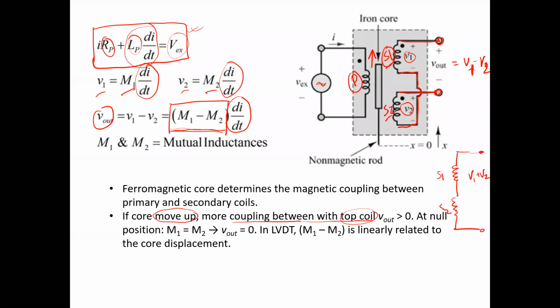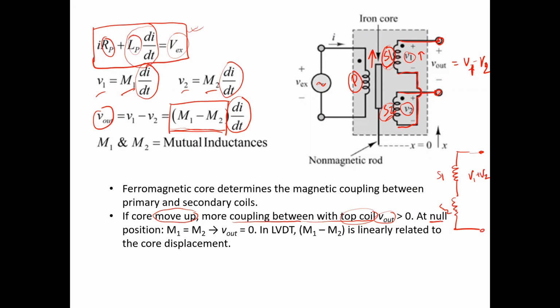So the mutual inductance, and hence the voltage induced, in the top secondary coil will be more compared to secondary coil 2. So the voltage V1 will be higher compared to voltage V2. In this case, the output voltage will be positive.